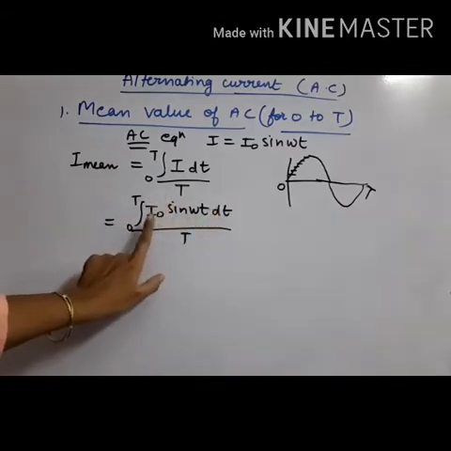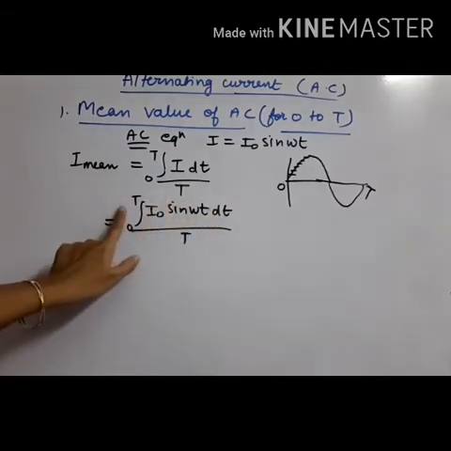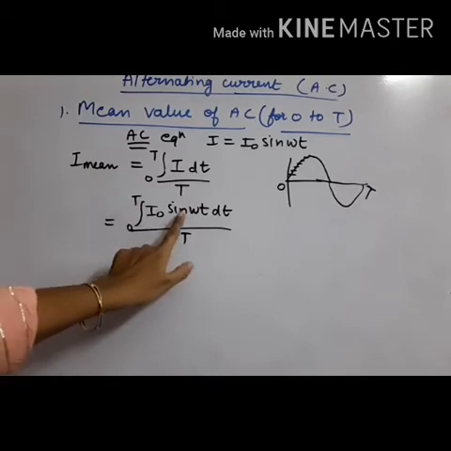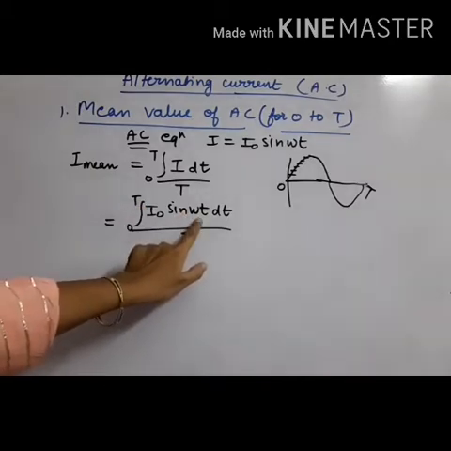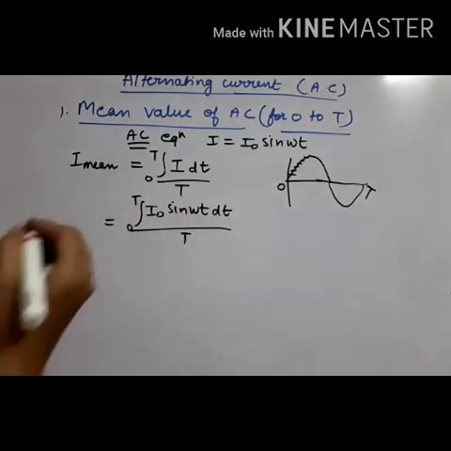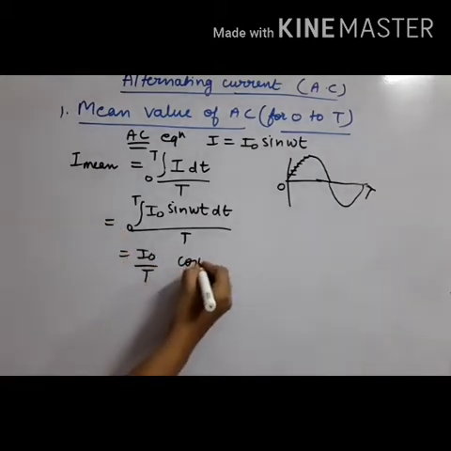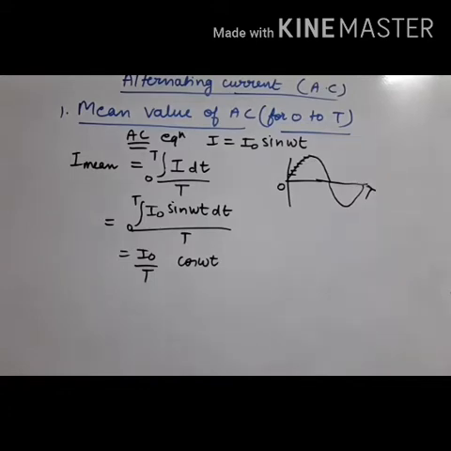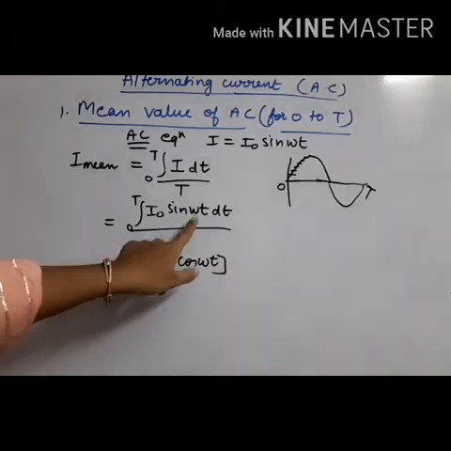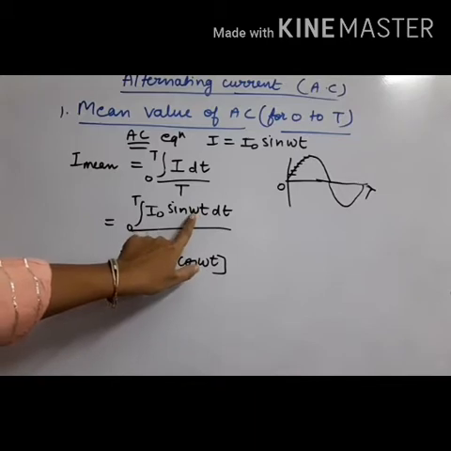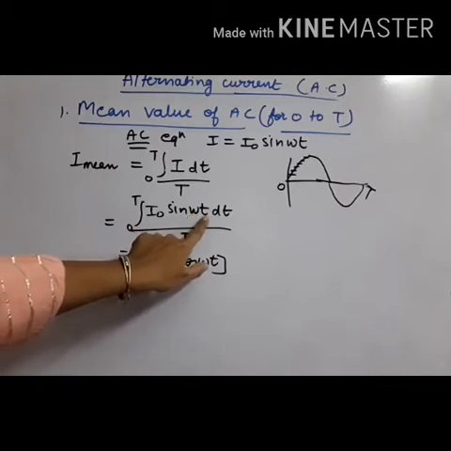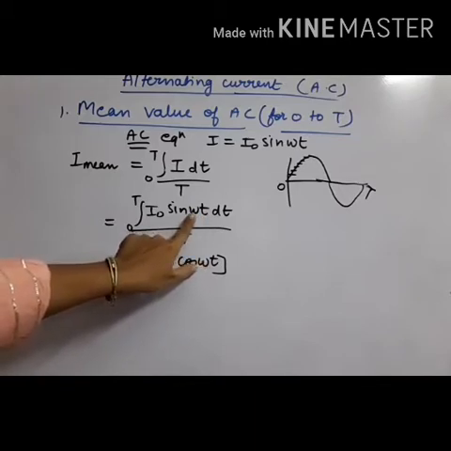In integration, whatever thing is constant should come out, and sine theta's integration is minus cos theta. Firstly this formula will be written, and along with that, omega appears along with t as a constant.